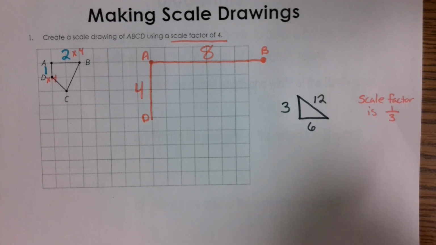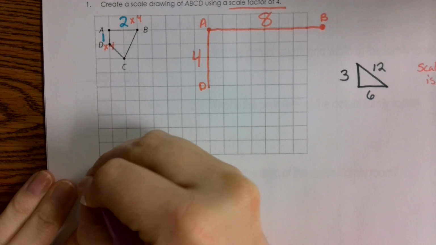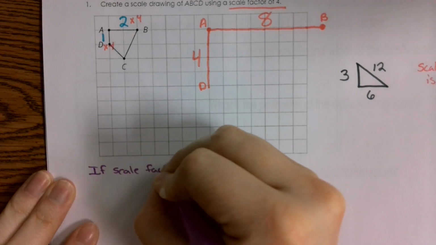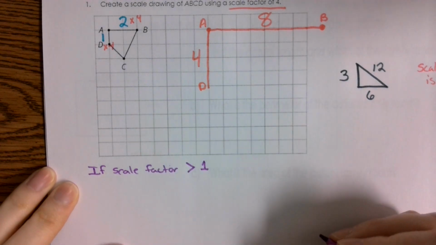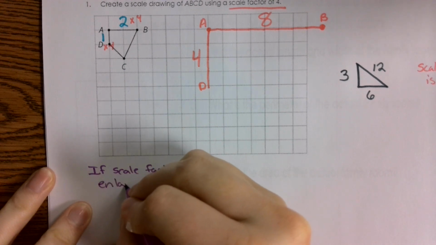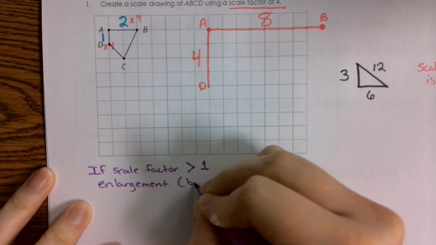Okay, we call those enlargements and reductions. I want you to make note of that right down here. If your scale factor is greater than 1, then it's going to be an enlargement. Right? It's going to get bigger.